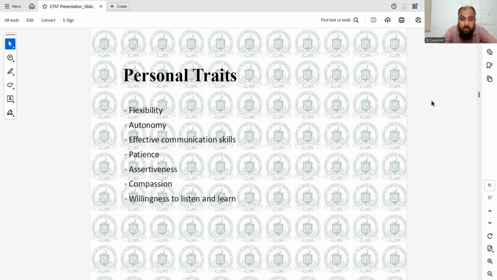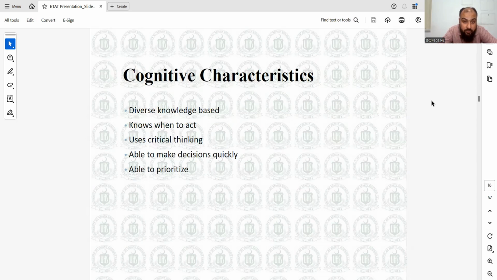Personal traits. An emergency nurse should be flexible in his character, autonomous in his decisions, have effective communication skills, and must be patient, assertive and compassionate with the patient, with a willingness to listen and learn.